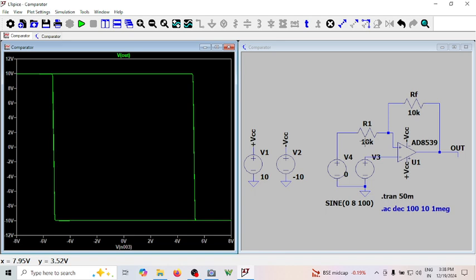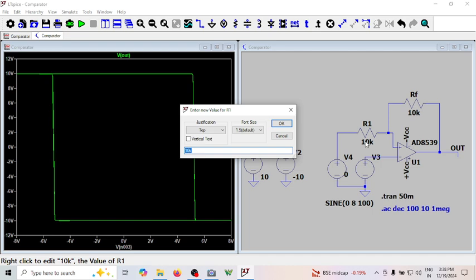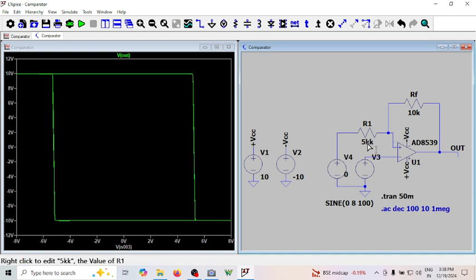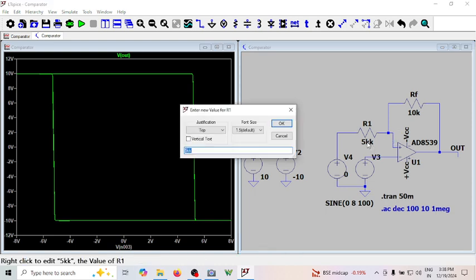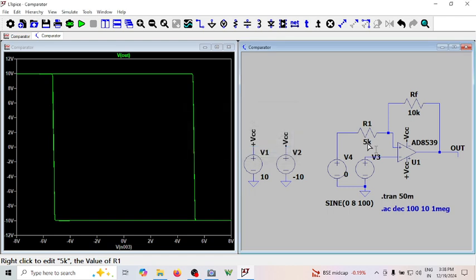What will be the VTH, VTL? It will be 10 into 5 divided by 15, so it is 3.33. So now this happens at plus 3.33 and minus 3.33 instead of plus 5 and minus 5.